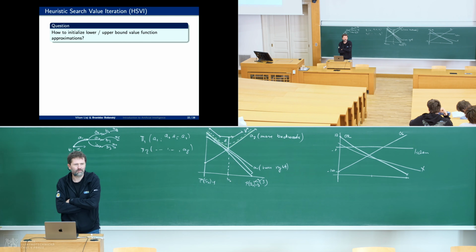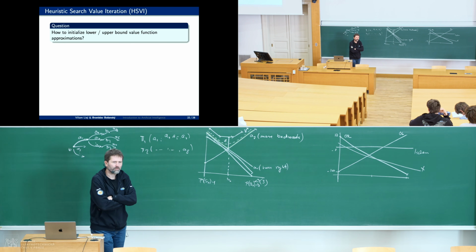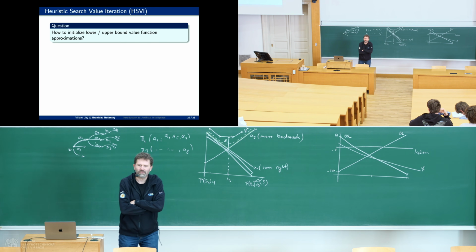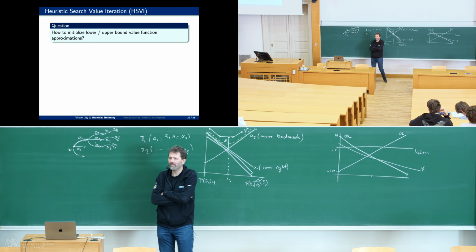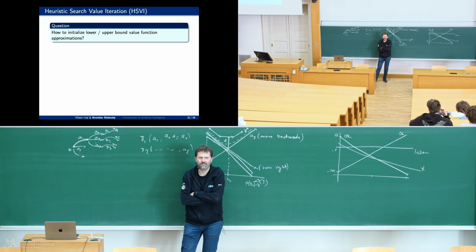Try to think about search, try to think about CSP or a variant of CSP with optimization and so on. So what is a lower bound in any of these problems, in general?